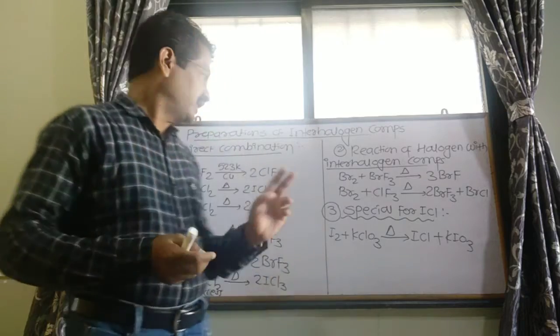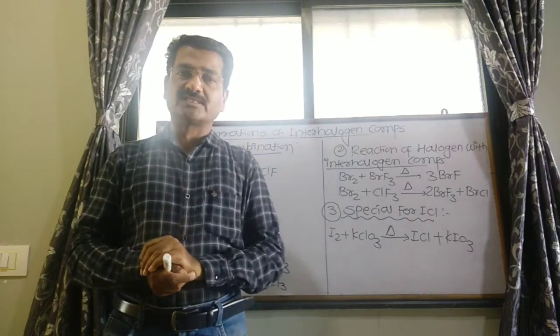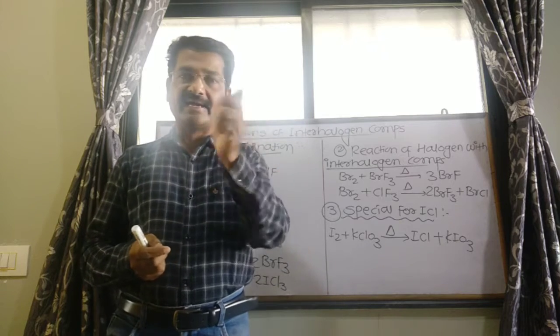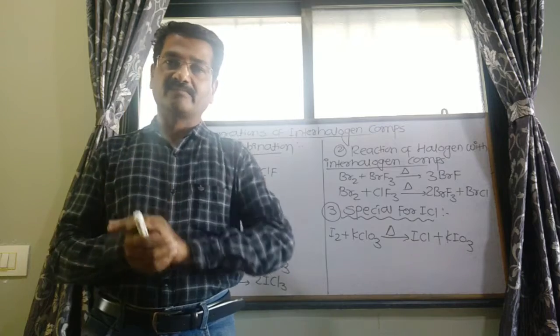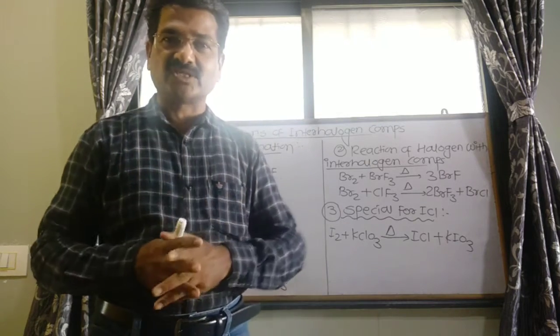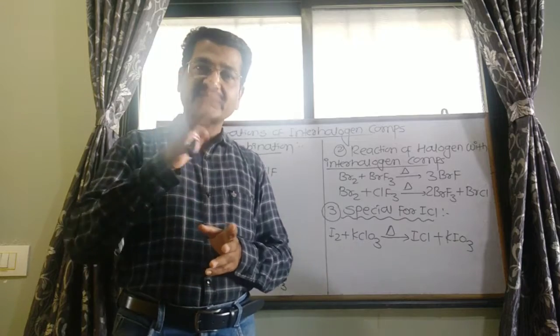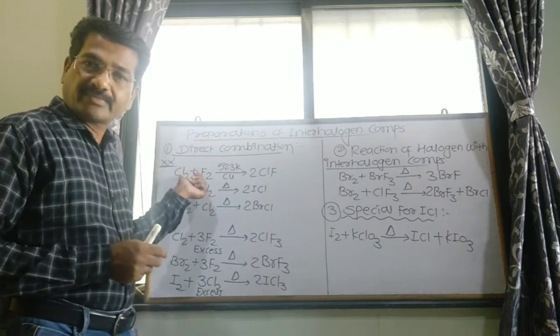So how to prepare XX'? Whenever both halogens, the parent and the other, are taken in the ratio 1:1, we prepare the XX' compound.